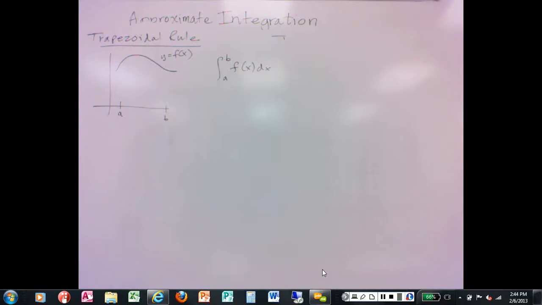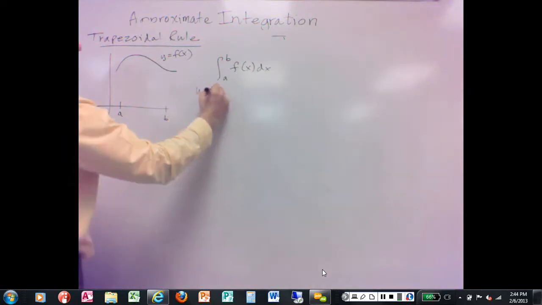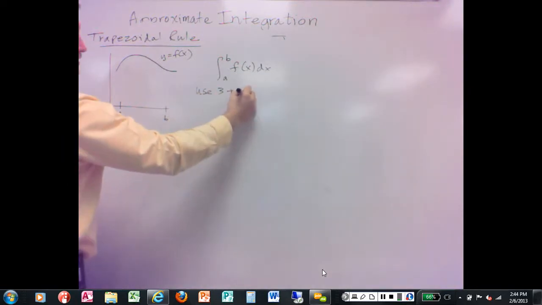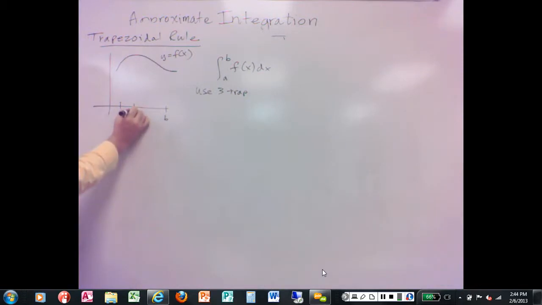All right, well, let's look at doing this with 3 trapezoids. So again, I'm going to split this up into 3: x1, x2, x3. B is going to be x3, of course. A is x sub 0.